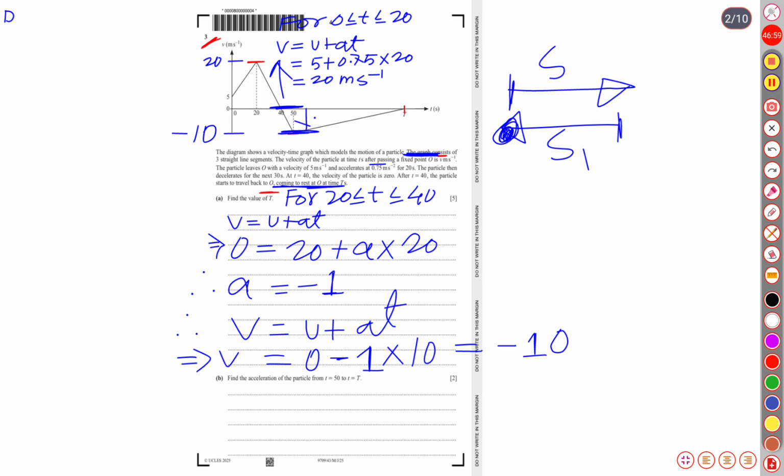Okay, the upper part contains two parts. One is a trapezium, up to this it is a trapezium, and the second part is a triangle, and the lower part is only one triangle.